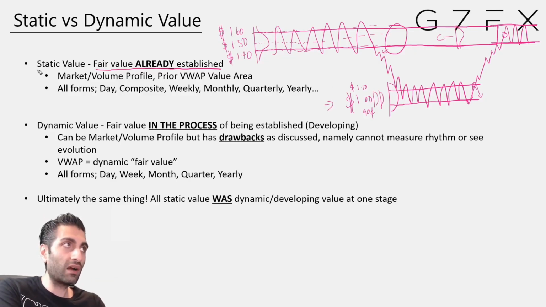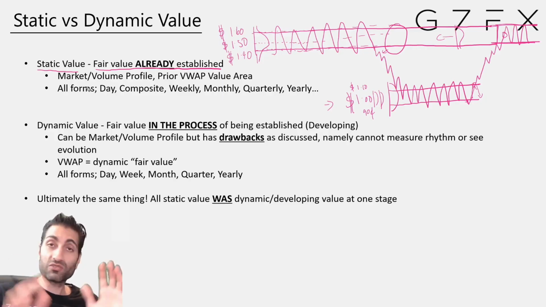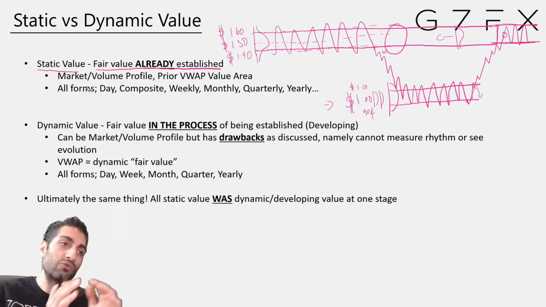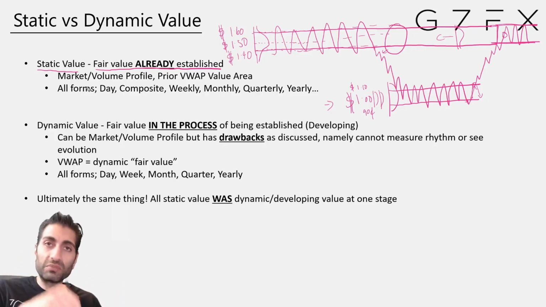And I call it static value, okay? It's not a term you're going to find in a book anywhere, or as far as I'm aware, it's something I've decided to call it myself because it allows me, in my hypothesis, to distinguish it from dynamic or developing value. And I'm going to explain to you why that's absolutely crucial.